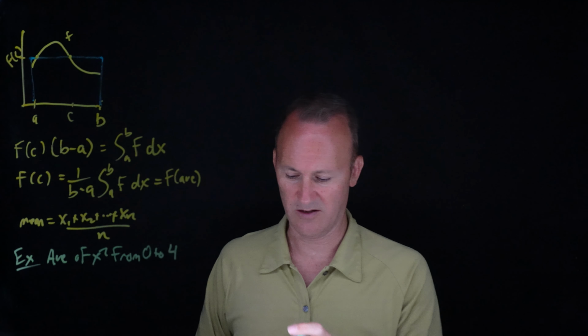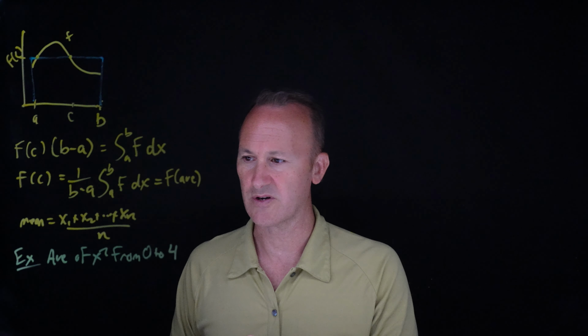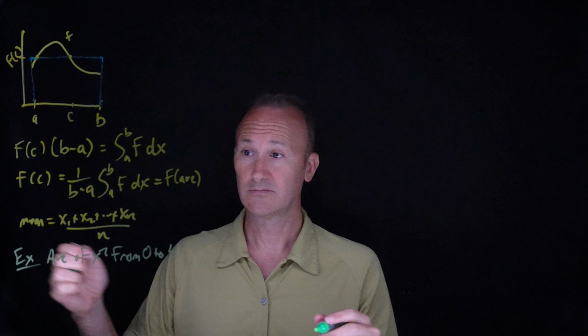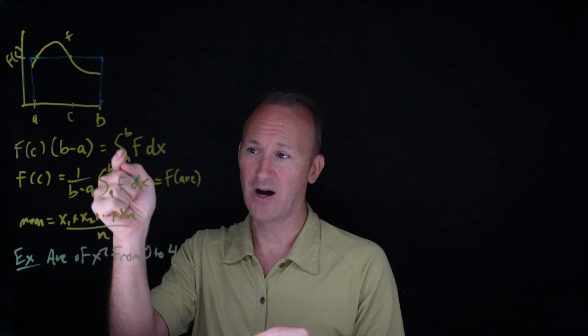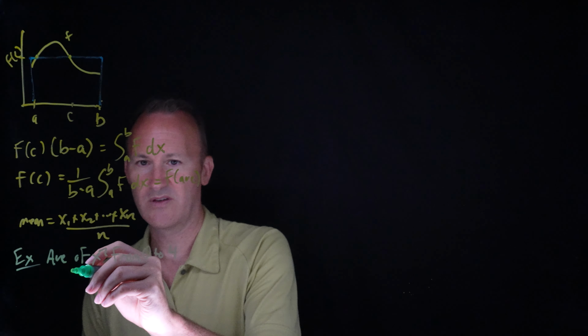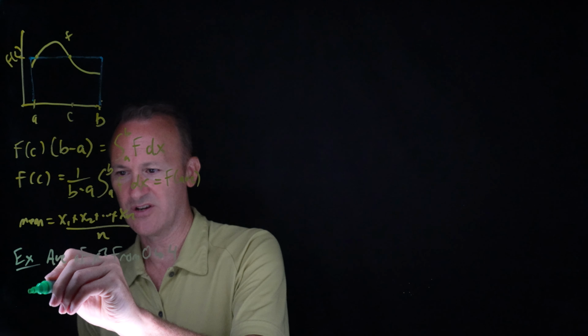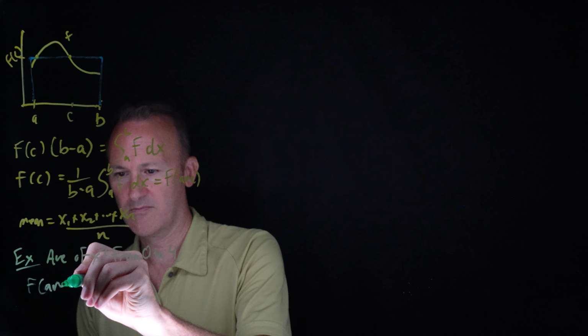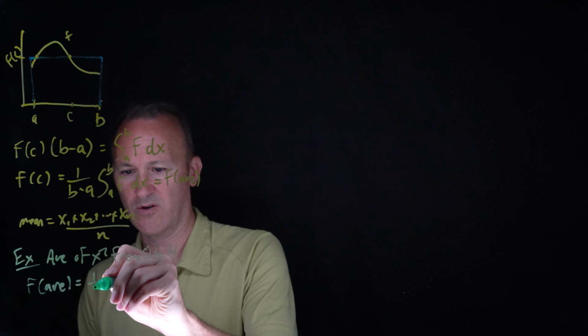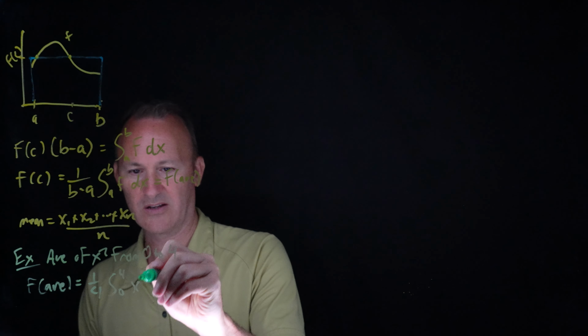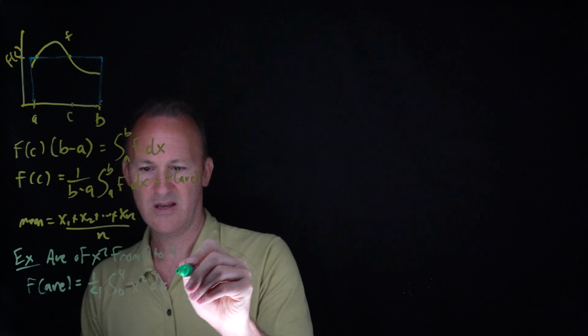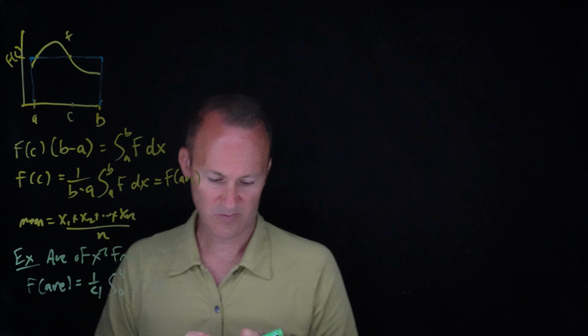Okay, so the idea here is what we want to do is figure out the integral times 1 over b minus a, which in this case is 1/4. And so the f average here is equal to 1/4 times the integral from 0 to 4 of x squared dx. And we can compute this.